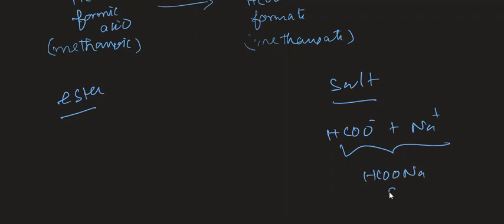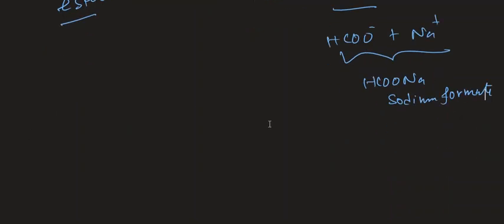HCOONa. What is this? Sodium formate. This is a common name. And what is the IUPAC name? We know already the IUPAC name of HCOO- is methanoate. So it can be called sodium methanoate. Are you able to understand?